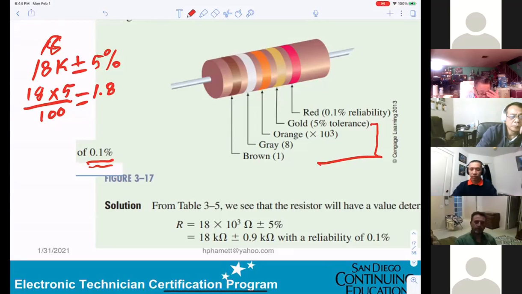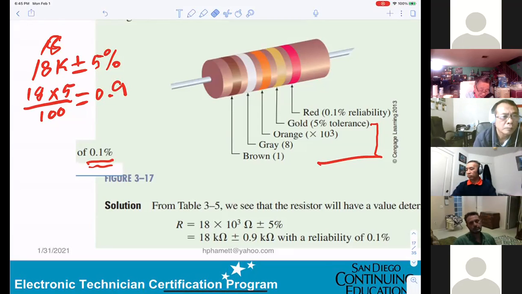No, 0.9. Okay, 0.9. So that means you calculate for 5%.